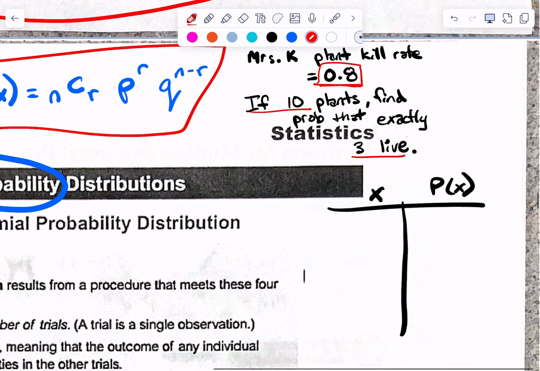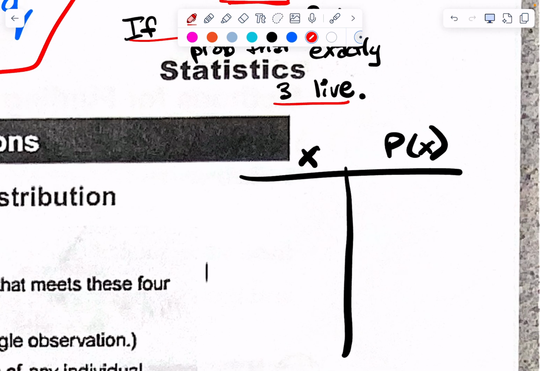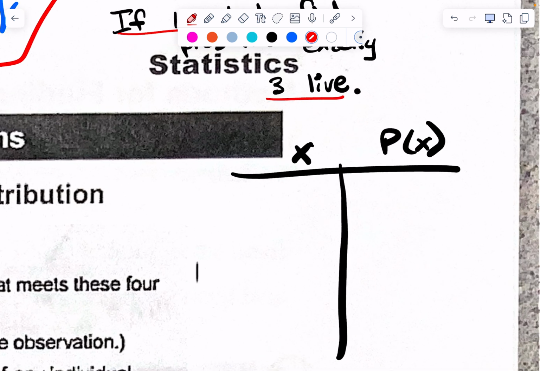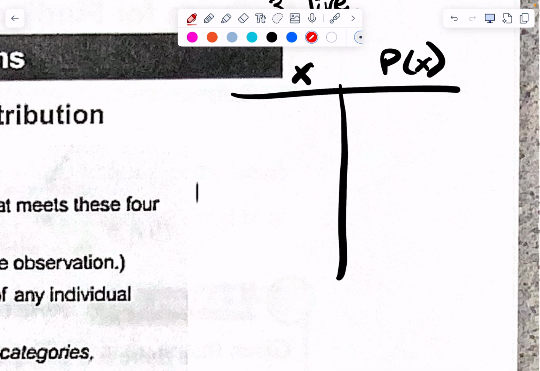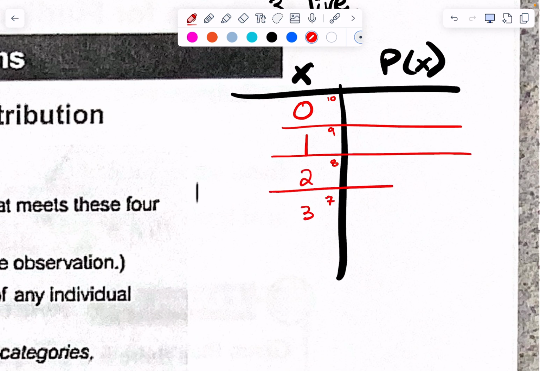Now, the thing that makes this hard is that we're trying to create a table, and I have 10 plants. What could happen with those 10 plants is I could have 0 live, which means 10 die. I could have 1 live, which means 9 die. I could have 2 live, which means 8 die. I could have 3 live, which means 7 die.